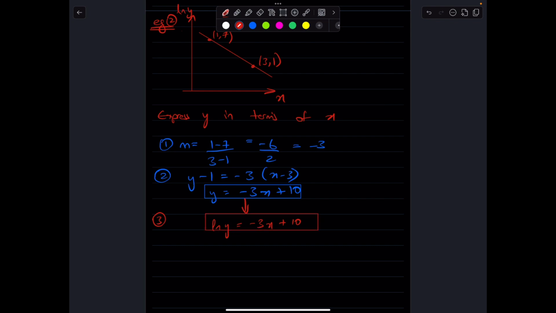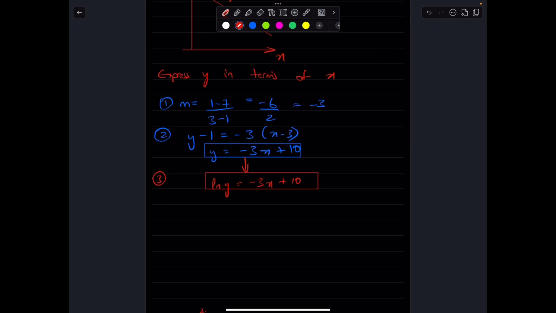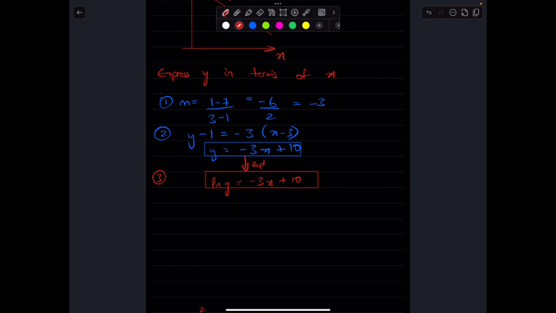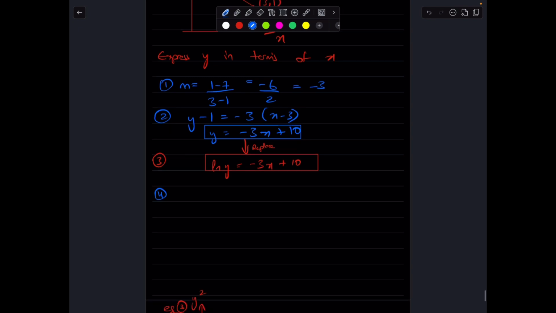Then we simplify this. How can we cancel out ln on both sides? We need an ln. Alright. So realize that minus 3x should be multiplied by 1. 10 would also be multiplied by 1.